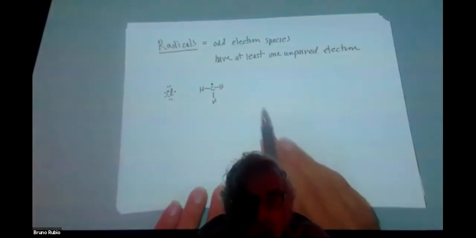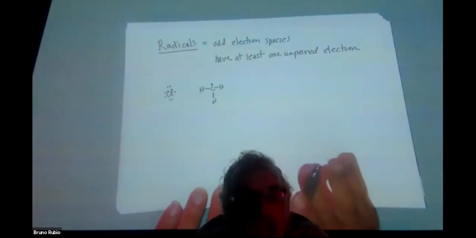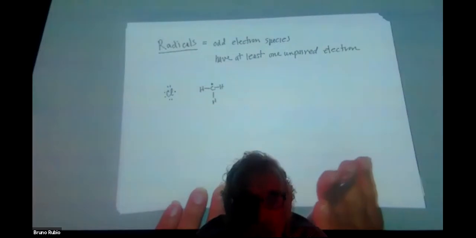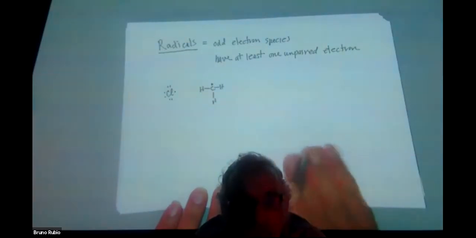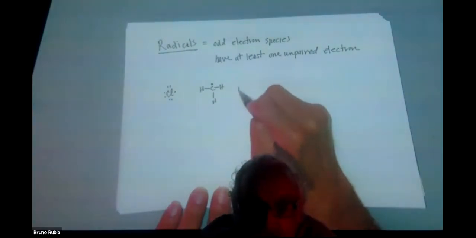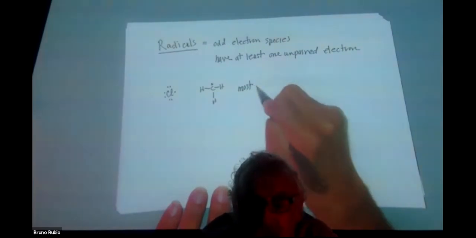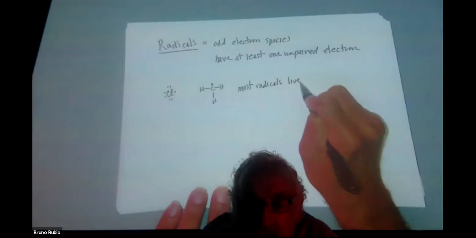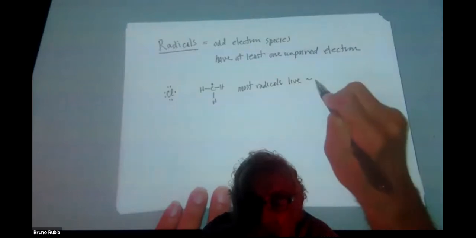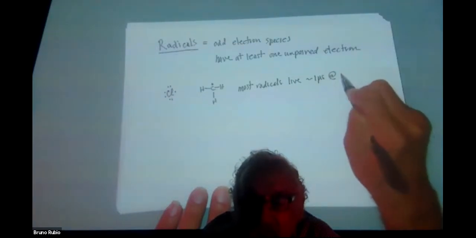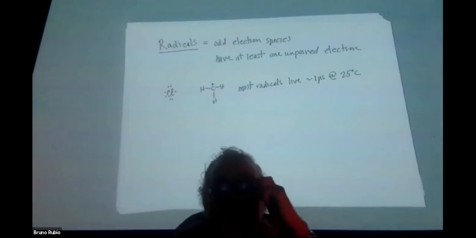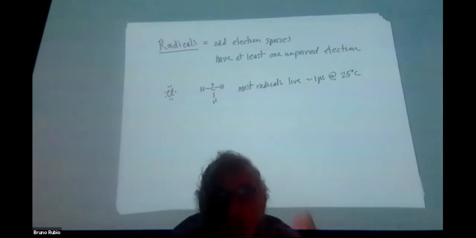Most radicals are very reactive, very high energy, very unstable because they're dying to complete their octet. So most radicals live for about 1 microsecond at room temperature. There are some radicals that are perfectly stable.